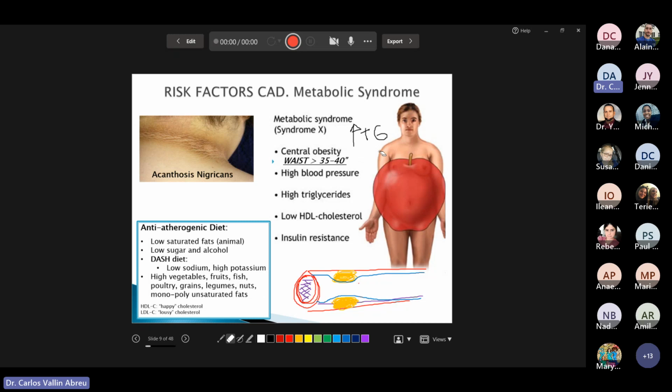Remember what characterizes the metabolic syndrome: the central obesity, the increased waist circumference, high triglycerides, low HDL, insulin resistance, a blood pressure higher than normal, etc. This is a condition that conjugates in one individual all the risk factors that could be modified for the development of those plaques of cholesterol.